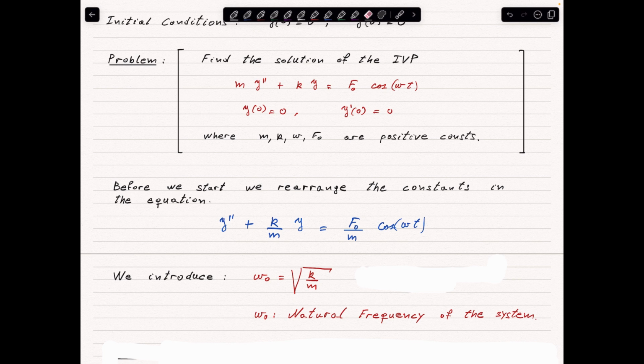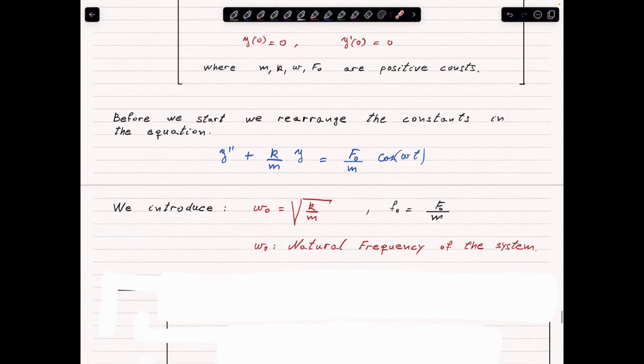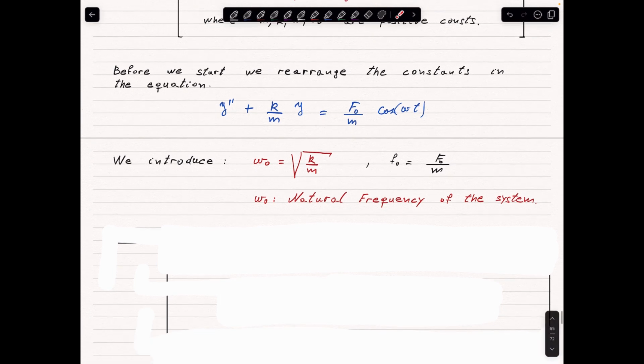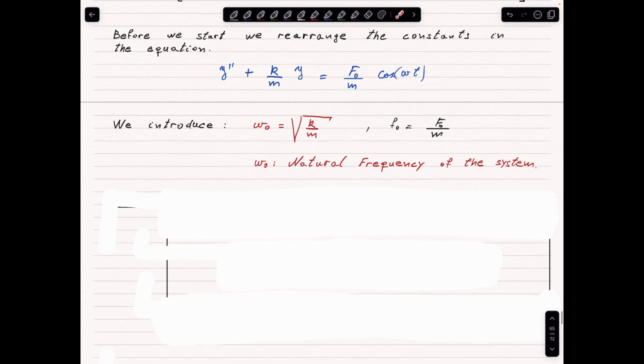And we introduce another constant, which is the amplitude divided by the mass, which we call capital F; well, small f, lowercase. With that, we can rewrite the equation in a nicer way. But before that, one remark.